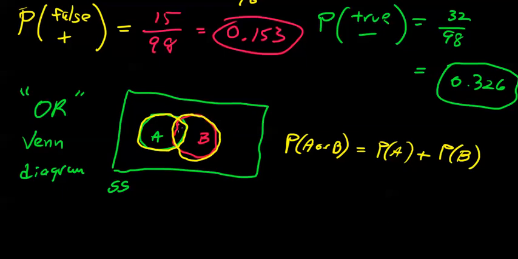But of course you're double counting this overlap, so I'm going to have to subtract the overlap, minus the probability of A and B, or the intersection of the two circles. This, in fact, is our addition rule.